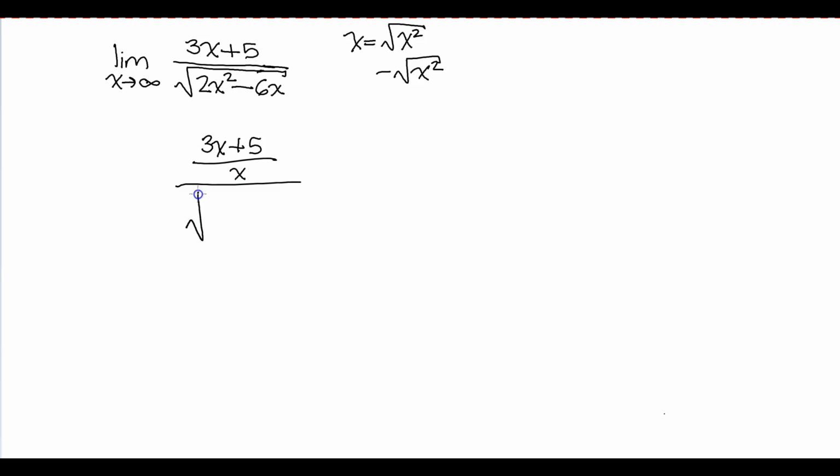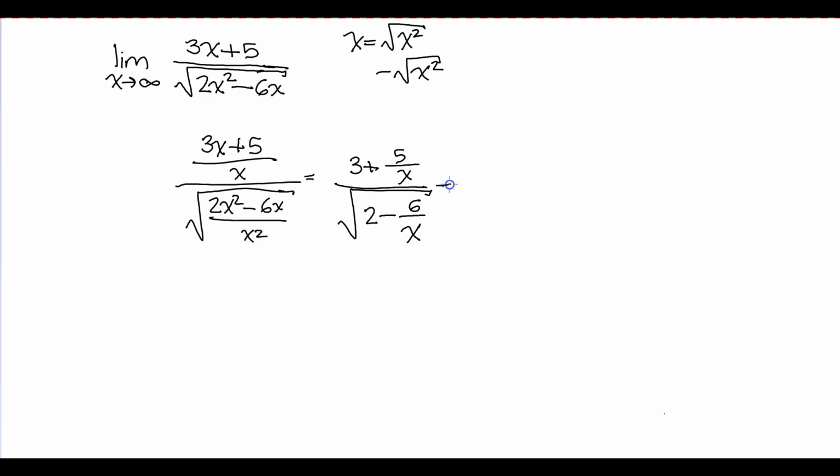So we can get inside the radical, and we get 3 plus 5 over x over square root of 2 minus 6 over x. And as x approaches infinity, x becomes larger and larger, and we get 3 over the square root of 2.